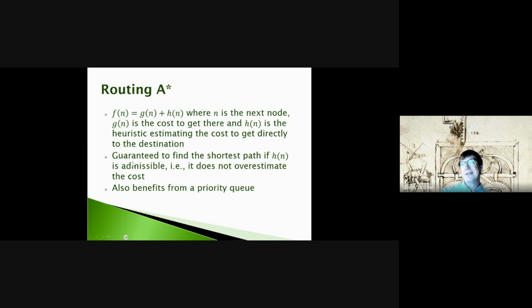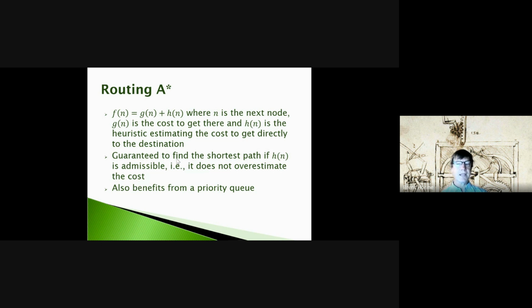So this is guaranteed to find the shortest path, but if, I probably should have said if and only if there, I'm not exactly sure, H of n is admissible, right? So what does that mean? Well, it does not overestimate the cost. It's a heuristic, so it's an easy to calculate estimate of the cost, but we want to make sure it doesn't overestimate the cost.